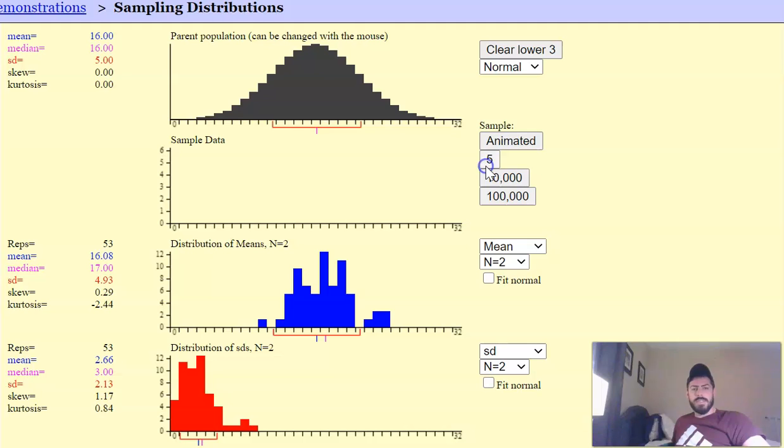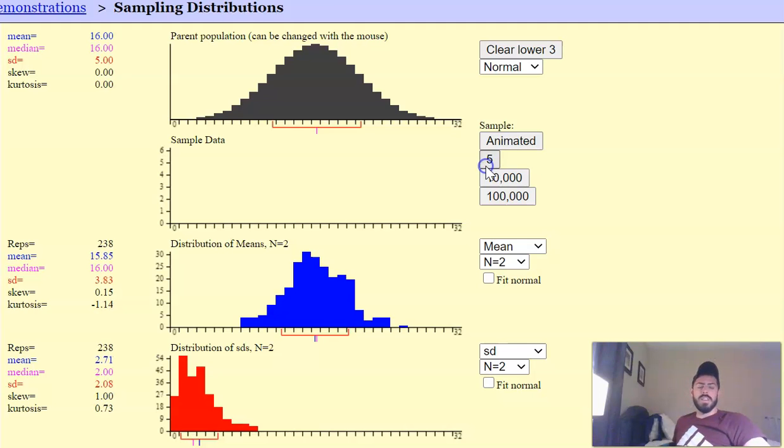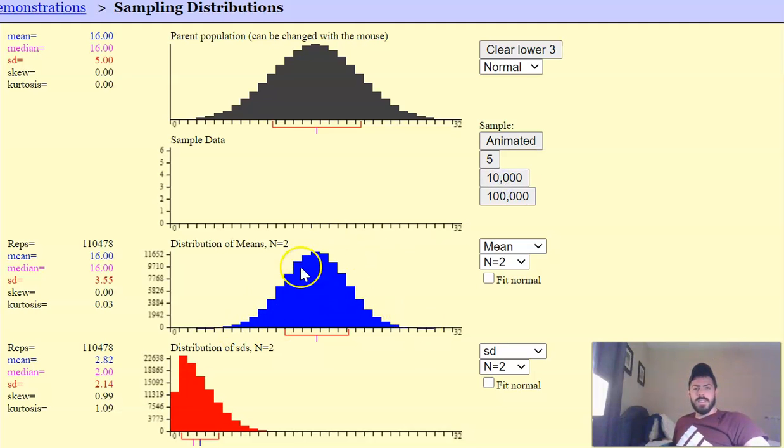And let's just go by fives. Now we can see after not very long, this starts to take a pretty normal looking distribution. It's a little bit weird, but given enough time, it sort of mimics its parent population, as well as the standard deviation does. This one's a little bit weirder, but if we increase how many times we're doing this, then we see that it gets a lot more normally distributed a lot faster.